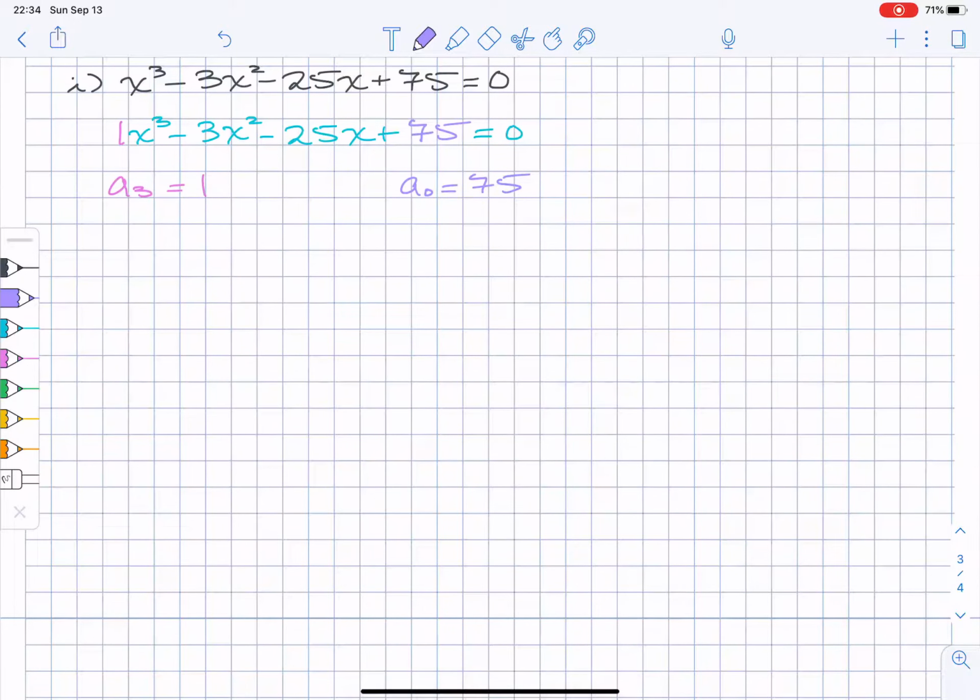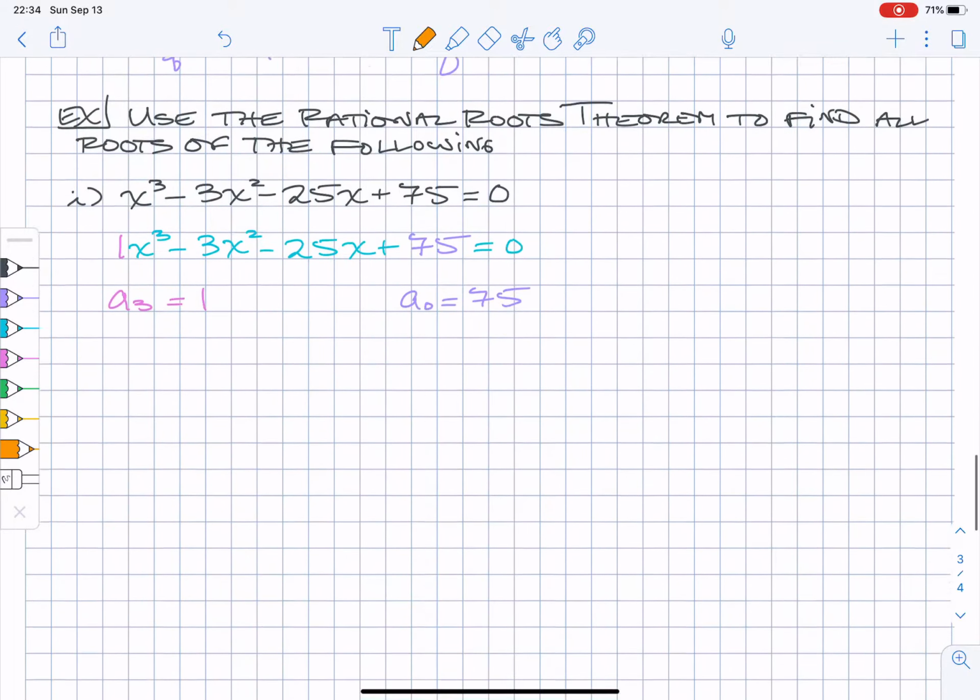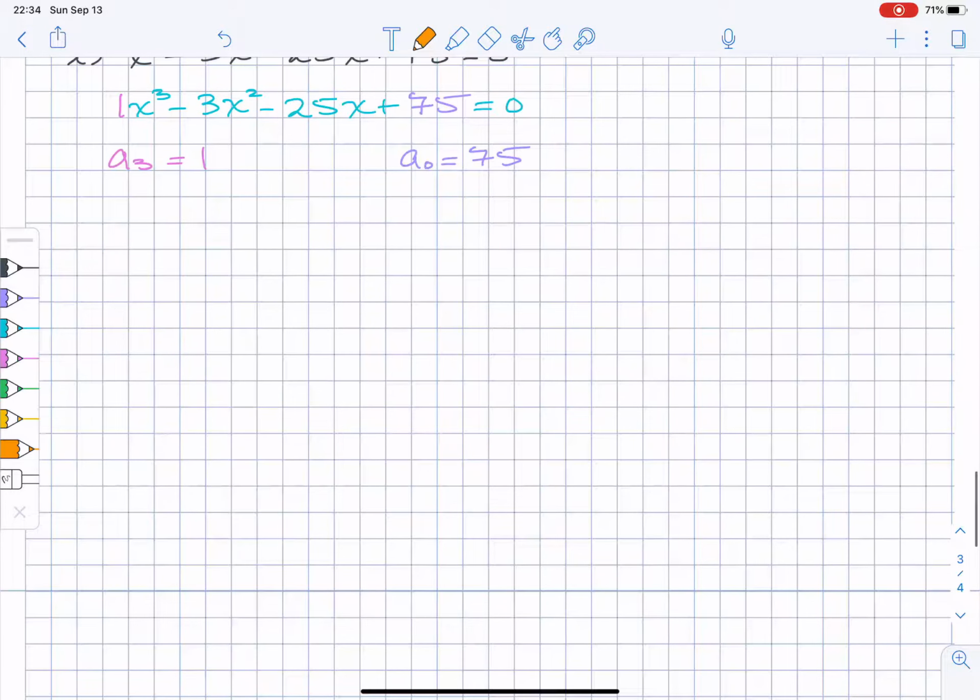So I know that p divides a sub 0. So p divides 75. So that means that p is going to be plus or minus 1 always. Now 75 ends in 5, so I know it's divisible by 5. Is it divisible by 15?